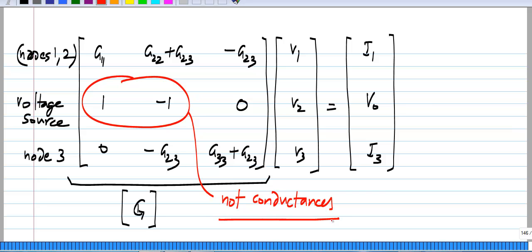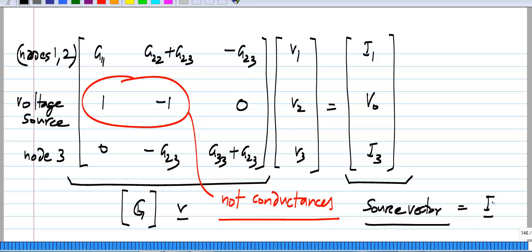Some are dimensionless quantities. And similarly, the right hand side here is the source vector. So it consists of all independent sources. So that way this structure is still nice. We have some matrix times the unknown vector equal to the source vector. I still denote it by I, but this source vector now also has voltage sources.